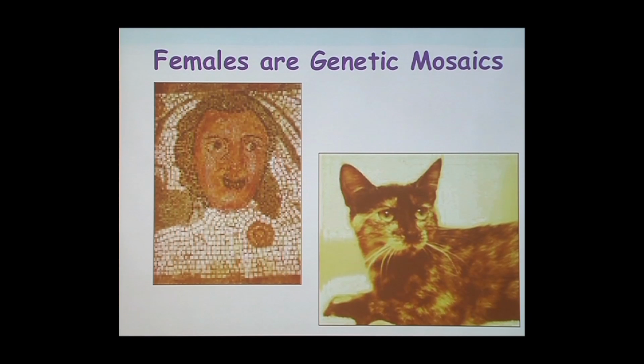And tortoiseshell cats are only female cats, right? You don't see male tortoiseshell cats, only females. And that's because this little patch here, this X chromosome, is the one that's expressing the dark coat color. The one that's expressing the light coat color is the one that's inactivated. And over here in this light patch, the X chromosome that has the light coat color gene is active, and the one with the dark coat color gene is inactive.